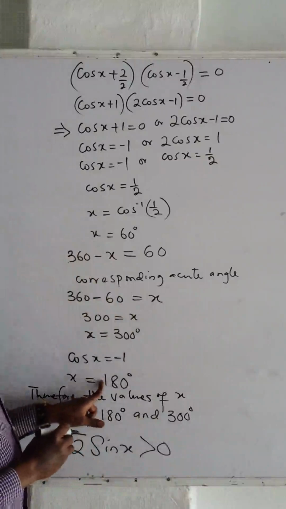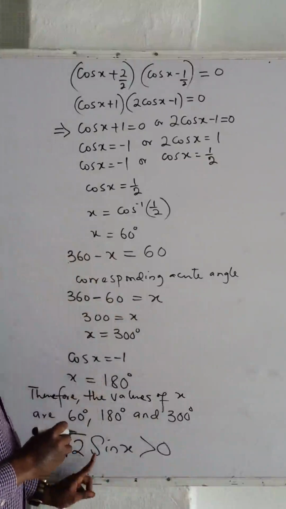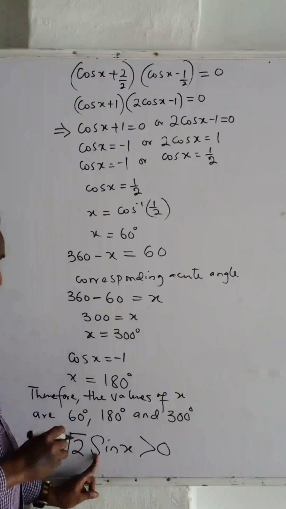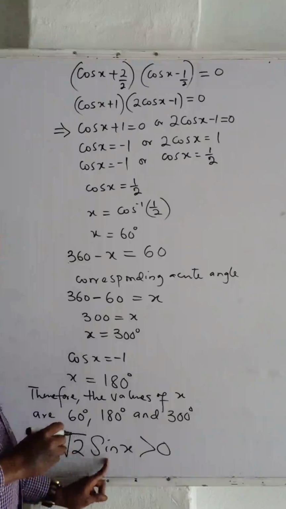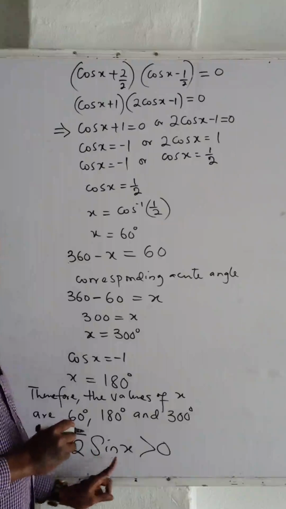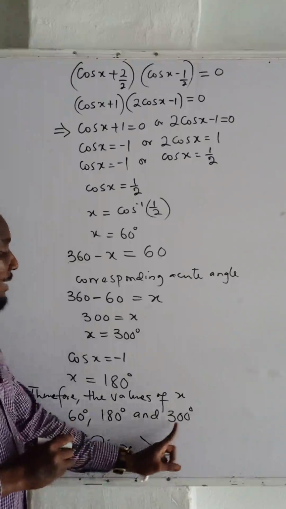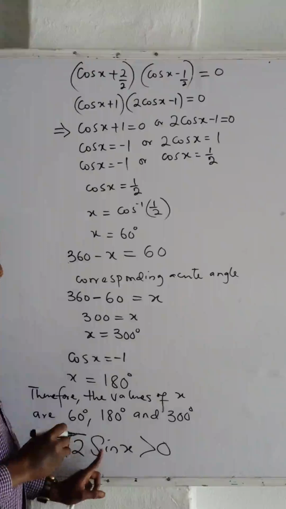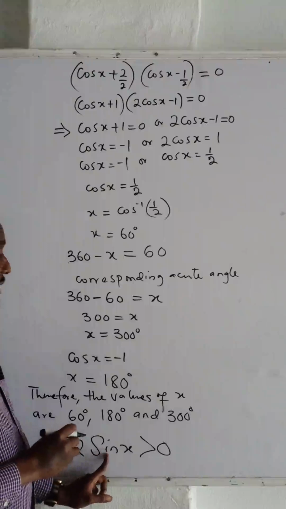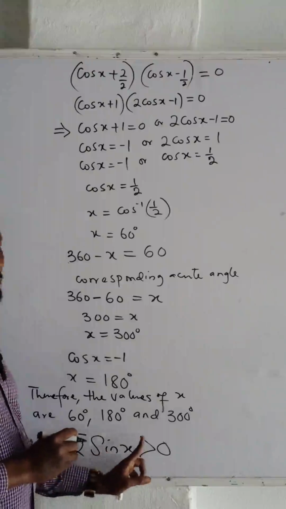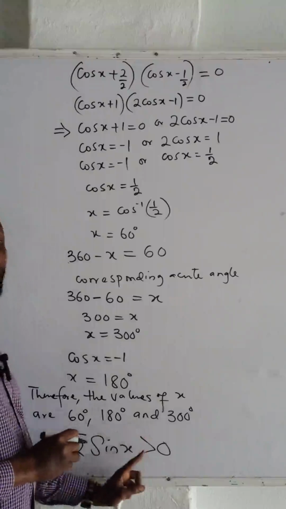If I take 180, sine of 180 is actually 0. Root 2 multiplied by 0 is going to give us 0. That will invalidate this condition. Lastly, if I take 300, the sine of angle 300 is actually a negative value. That's negative root 3 on 2.